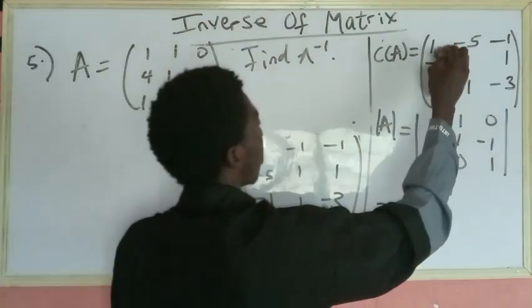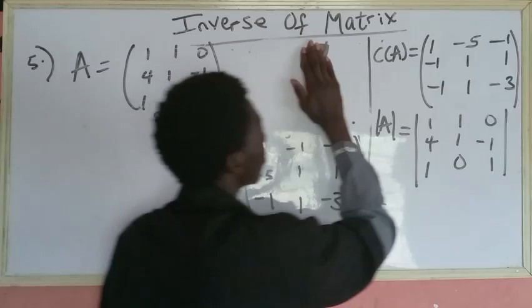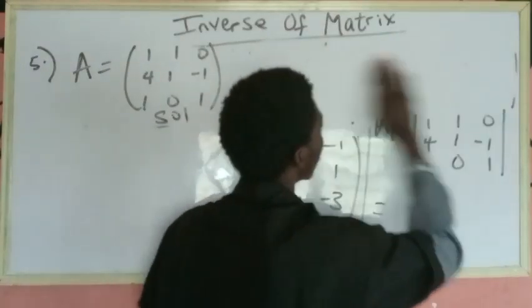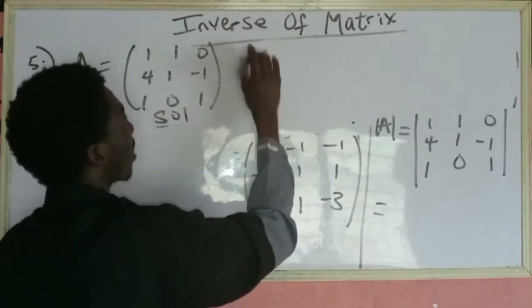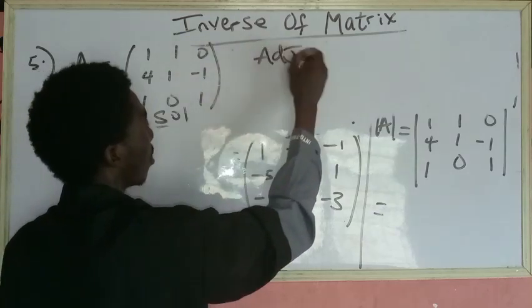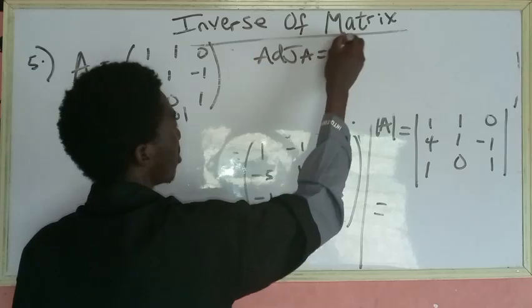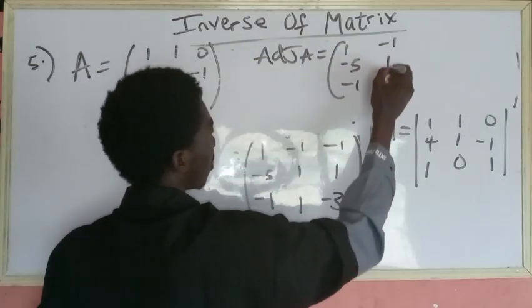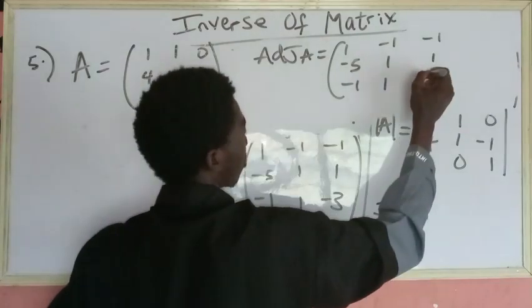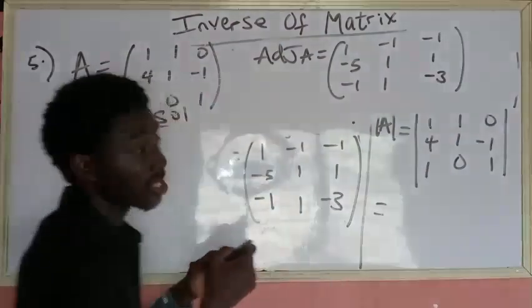I'll write it somewhere here. My adjoint of A is equals to 1, minus 5, minus 1, minus 1, 1 and 1, minus 3. Can you see that?